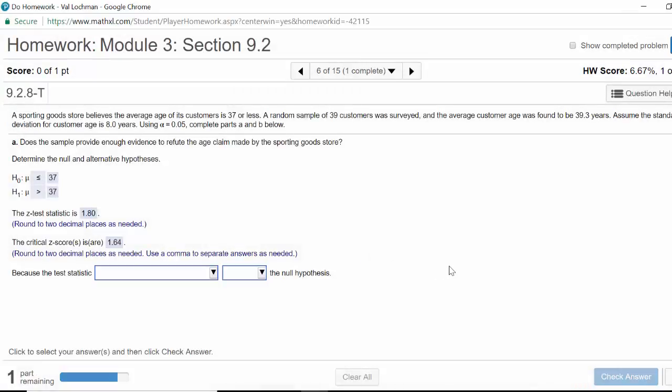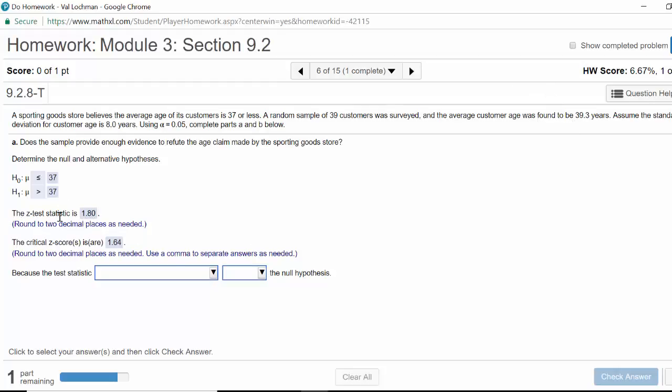That's still good. Again, I'm looking at these two. This is the z statistic. That's your critical value that separates your distribution into critical and non-critical regions. Actually, wait a minute. This one, 1.64, is the critical value. The z-test statistic is the one you've computed for 39.3.